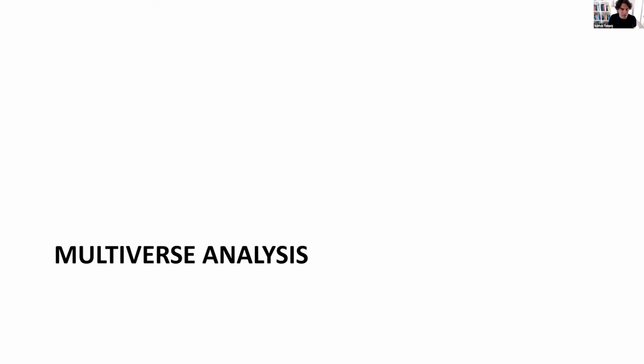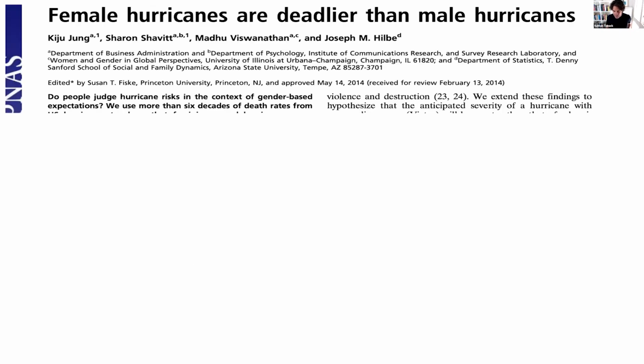So that takes me here to multiverse analysis. And let me kick off with an example. This article in Proceedings of the National Academy of Sciences had to do with looking at the names of hurricanes and their gender associated with them. And the title, as you can see, is female hurricanes are deadlier than male hurricanes.